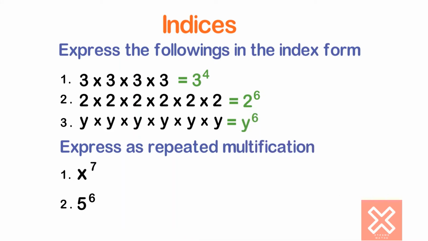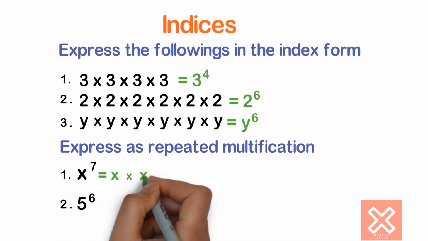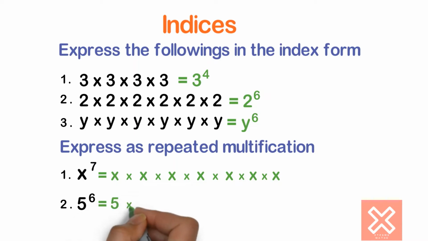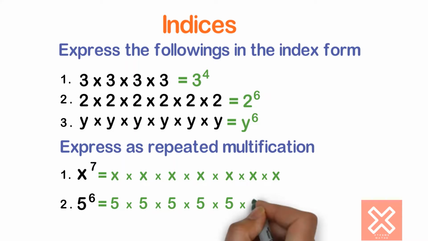Express as repeated multiplication. It means you have to expand this. X into X into X into X into X into X into X. X 7 times you have to repeat. 5 into 5 into 5 into 5 into 5 into 5, that is 5 to the power 6, because 5 is repeated 6 times.